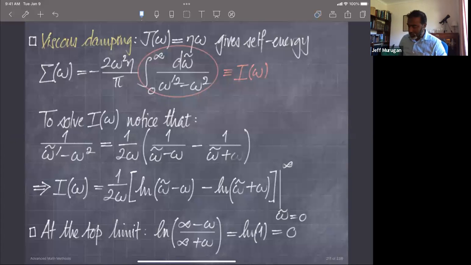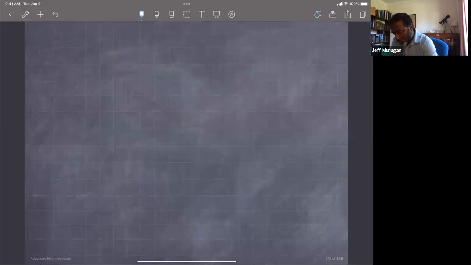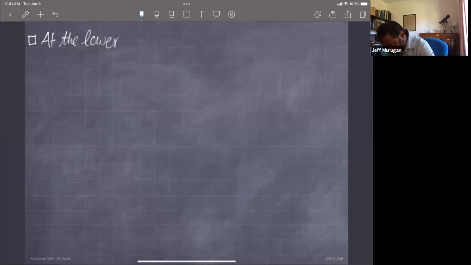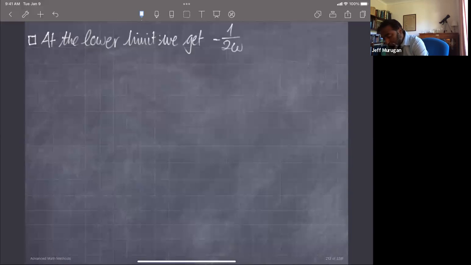Great. Nothing funky happening up there. At the lower limit, on the other hand, something interesting happens. Here we get minus 1 over 2 omega times the log of minus omega minus the log of omega.